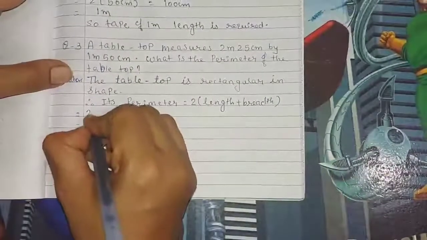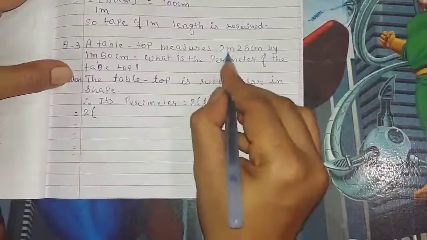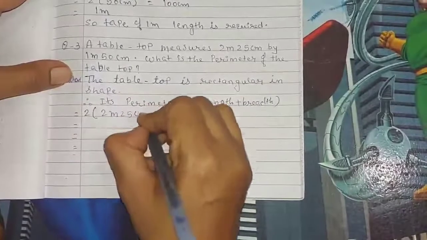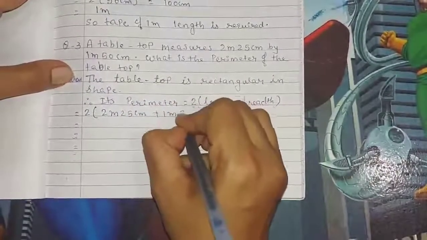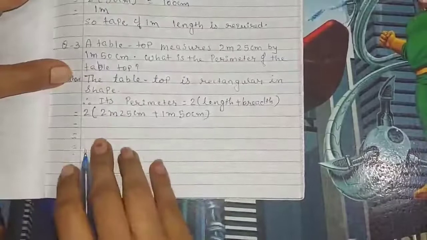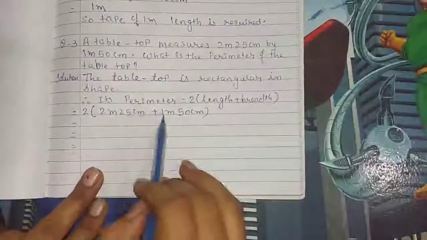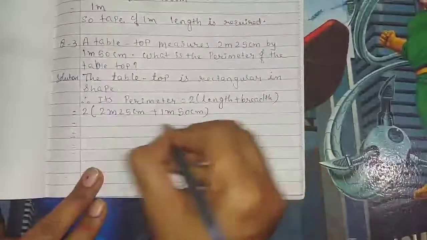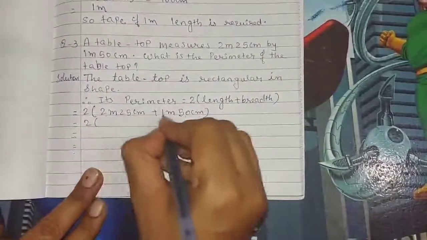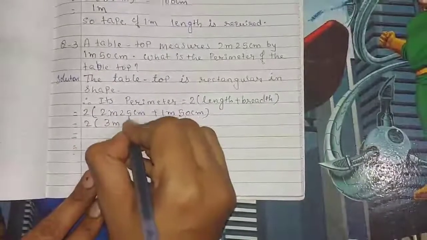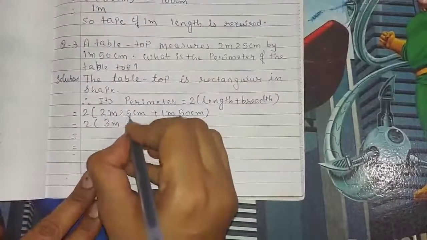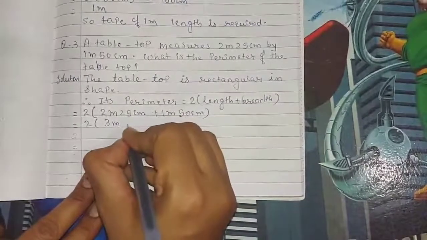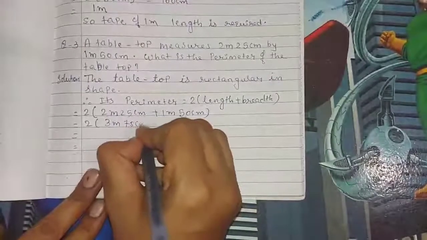Now it is given that 2 into 2 meter 25 centimeter plus 1 meter 50 centimeter. So we have to add the meter units together and the 25 and 50 with the centimeter units. So 2 meter plus 1 meter is 3 meter and 25 centimeter plus 50 centimeter is 75 centimeter.